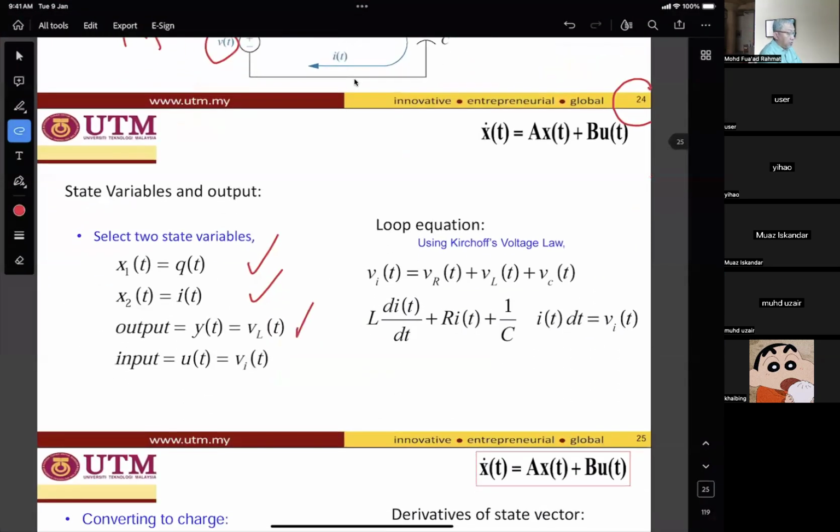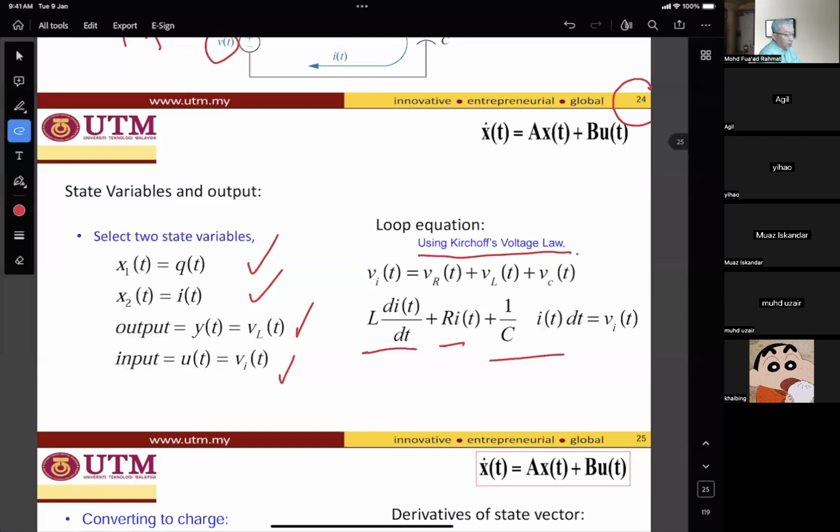So we mentioned over here, and then we use the Kirchhoff voltage law. Okay, we choose the Kirchhoff voltage law, VI equal to VR plus VL plus VC, and replace all the corresponding voltages of VL, VR, and VC.